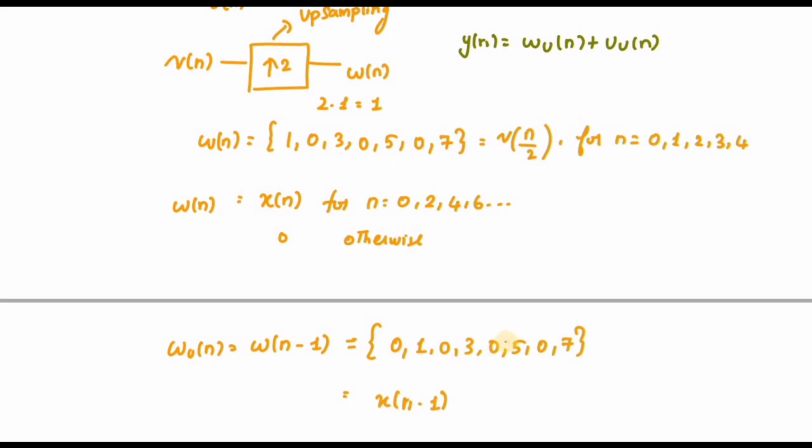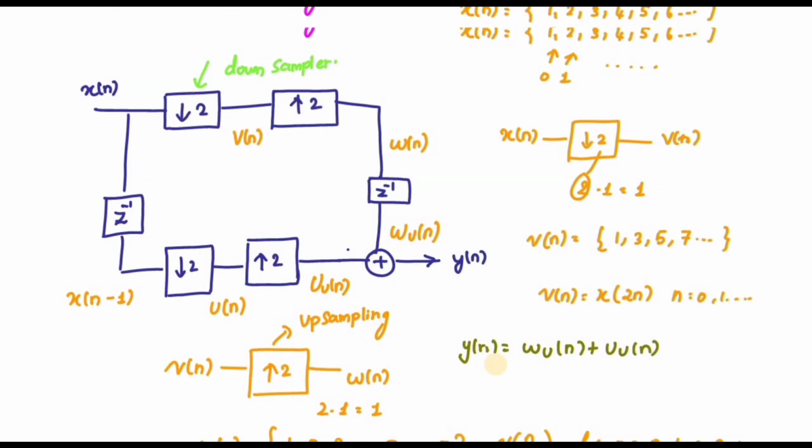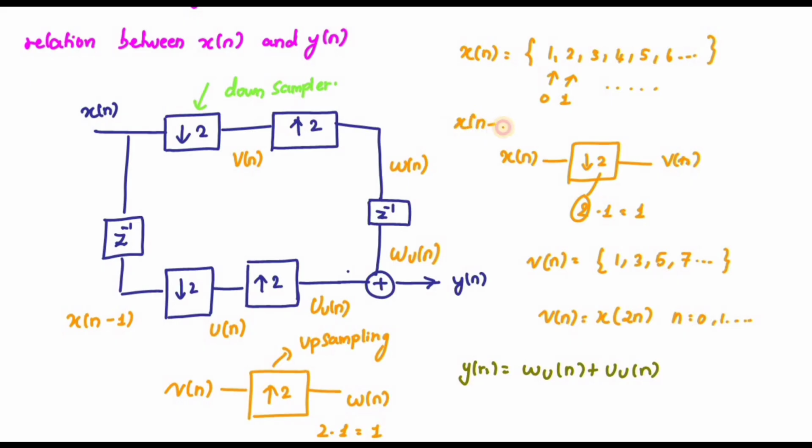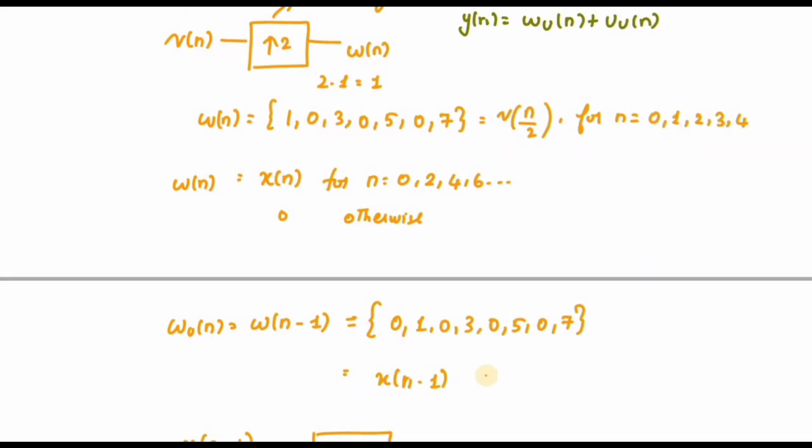So x of n minus 1 is equal to 0 for n equal to 0, 2, 4, 6, and all of it becomes 0.